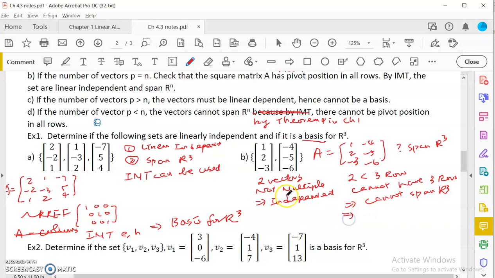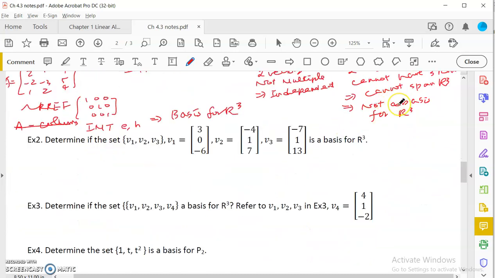So although they are linearly independent, it's not a basis for R3. It may be a basis for the set that it spans, but not for R3. For it to be a basis, you have to have at least 3 vectors.